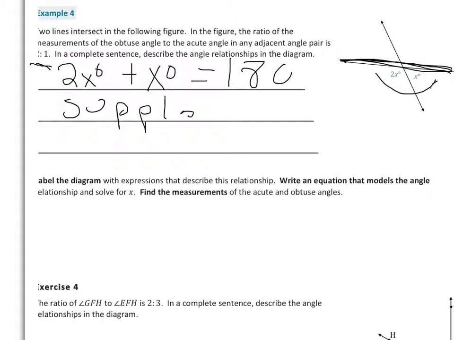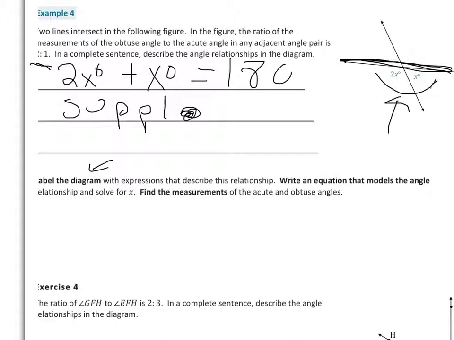I'm using abbreviations because I'm using my finger to draw. So right here, we want to label the diagram with expressions that describe it. It's already done for us. And write an equation that models the angle relationship to x.